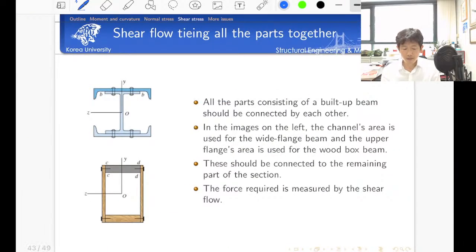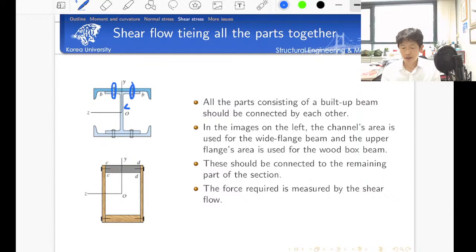And then the fourth example is a rivet connection. For example, I have a small member, an I-shaped section, and this I-shaped section is reinforced by using a channel section, and these two parts are connected together by using rivets.